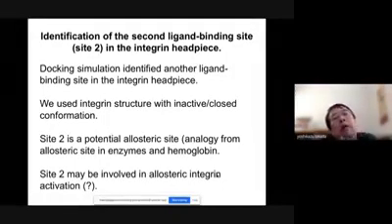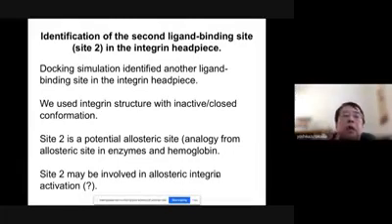In the first part of the talk, I identified potential new ligands using the active form of integrins. We used the active form of integrin alpha V beta 3 for virtual screening.